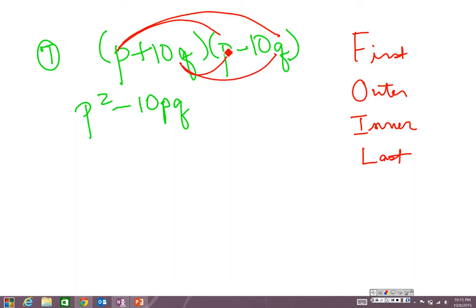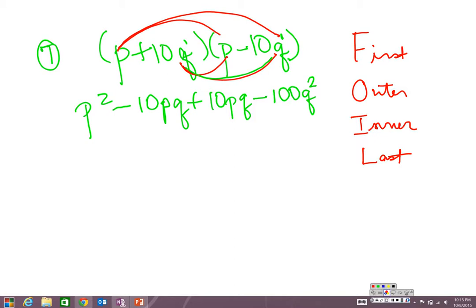So 10Q times P is positive 10PQ. 10Q times negative 10Q is a negative 100Q squared, because we have Q times Q and the exponents are 1, right? So we got to add those together.